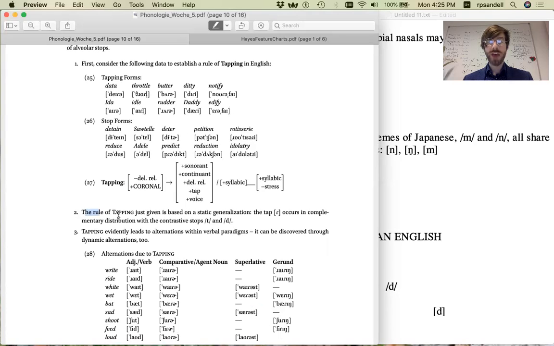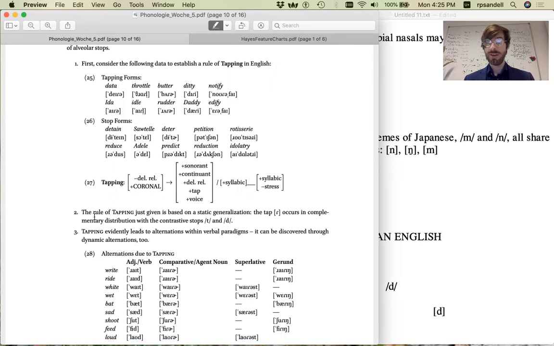Now, this rule of tapping could be based on a purely static generalization. We find the tap occurring in complementary distribution with the stops ta and da, which are contrastive. So do I have a good example of some contrastive instances? Yeah, we could have picked better examples, but we'll take it for granted that the two stops are contrastive with one another.